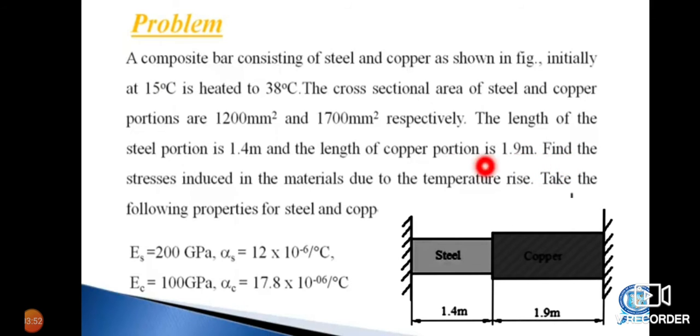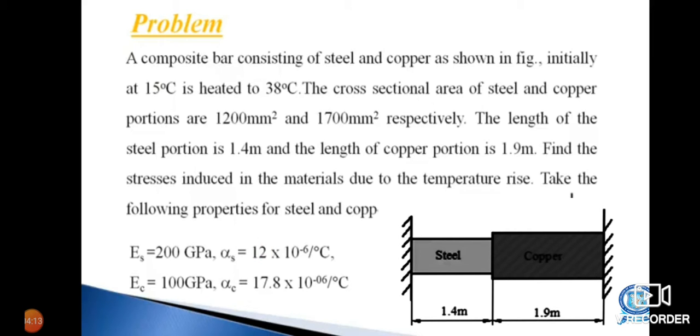So find the stress introduced in the materials due to the temperature rise. Take the following properties for steel and copper. Young's modulus and coefficient of linear expansion for steel and copper are given.